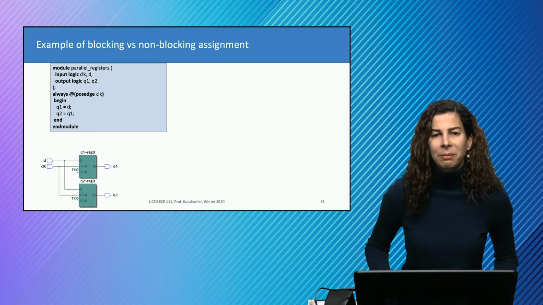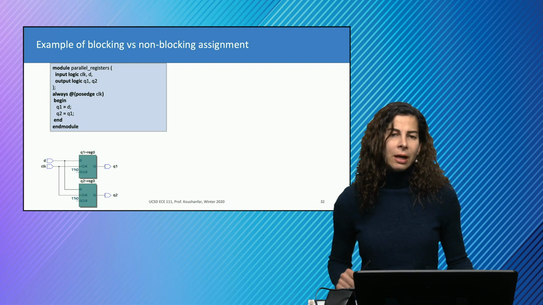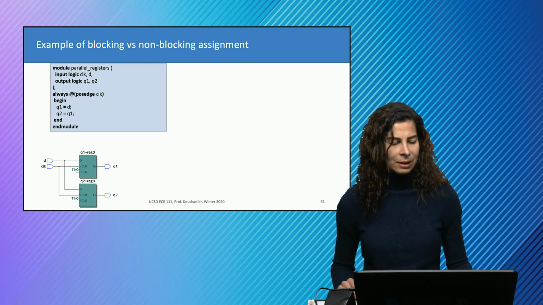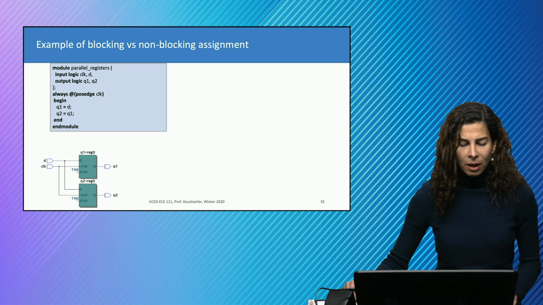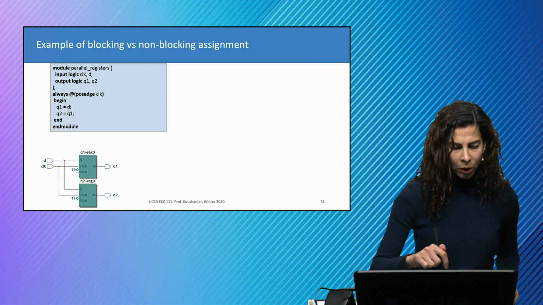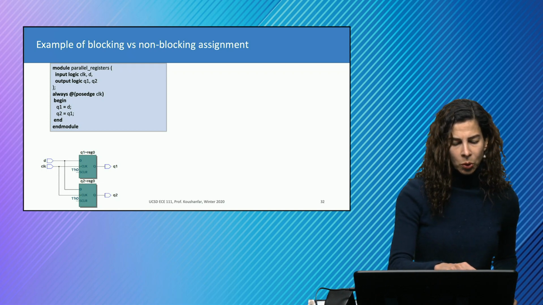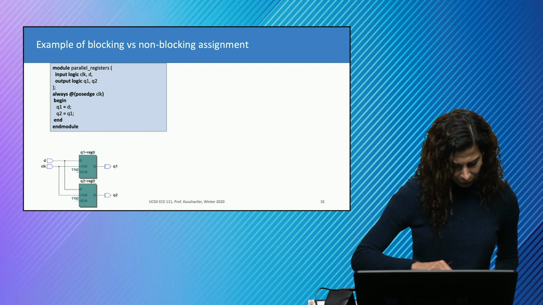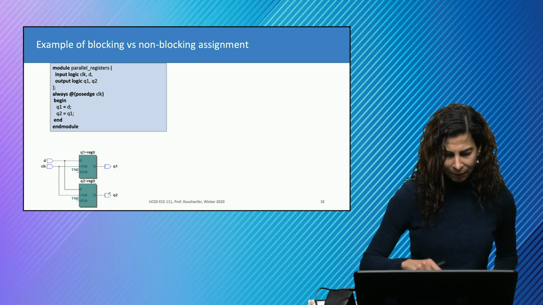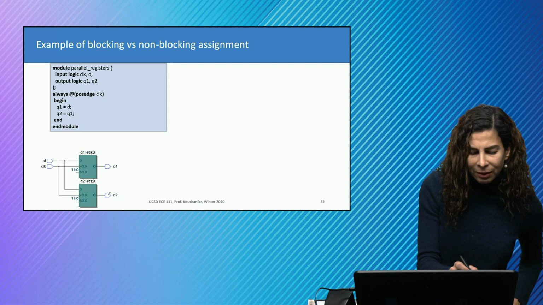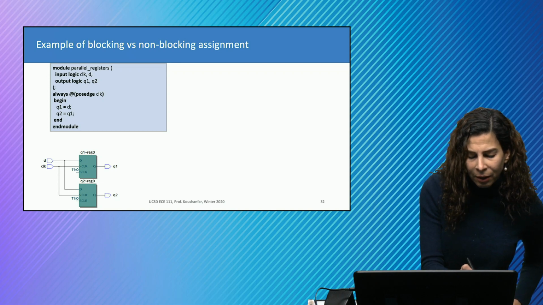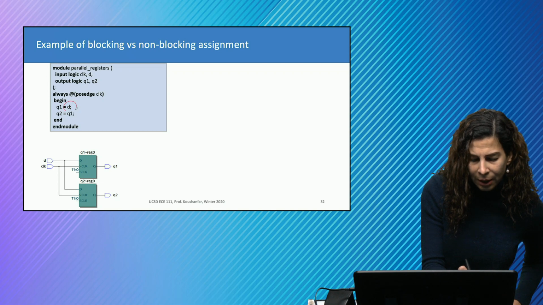Let's just see some examples of this. If we have a statement like the one stated here, we have a Verilog code which is going to generate registers. In this particular case, the input D is going to get assigned to Q1, and then Q2 is going to get the value of Q1.